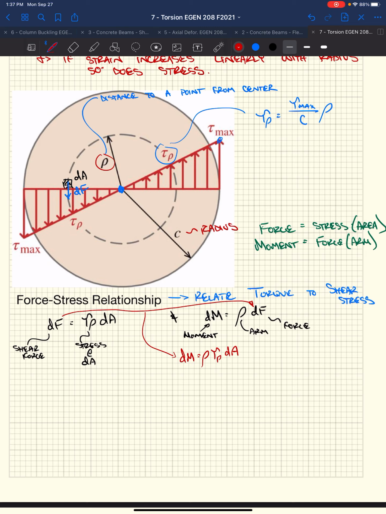Well, we know from up above that the shear stress at that distance rho is the maximum shear stress divided by the radius of our entire shaft times rho. So I'm going to substitute this in. We're going to say rho times rho tau max over C times dA, right? So that is tau rho. We decided to plug in here.